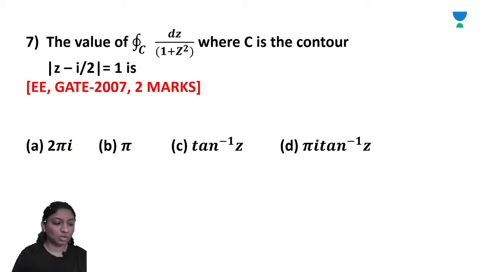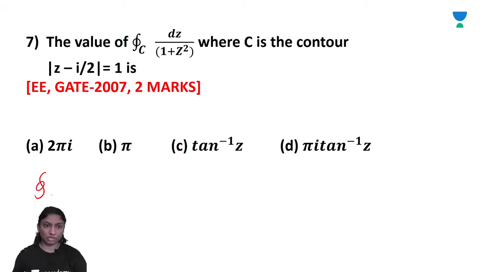Okay. Now, the value of the integral over C dz upon 1 plus z square, where C is the contour mod of z minus i by 2 is equal to 1, is. So 1 plus z square is zero means z square is equal to minus 1, so z is equal to plus or minus i, right?